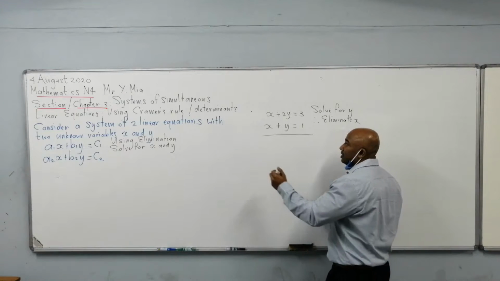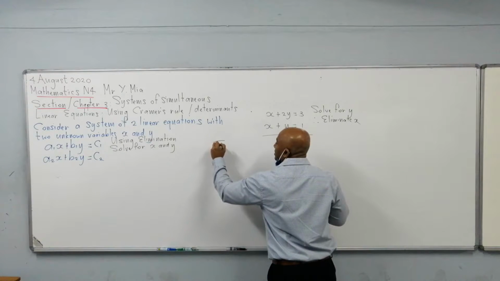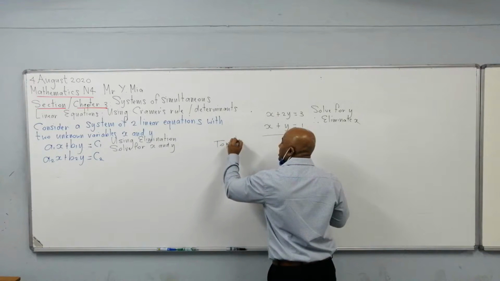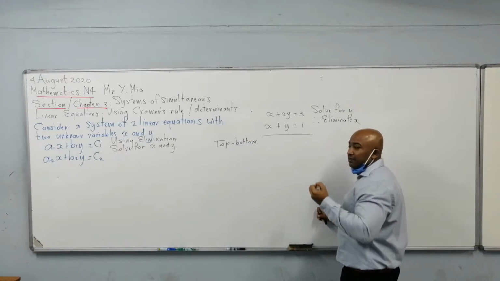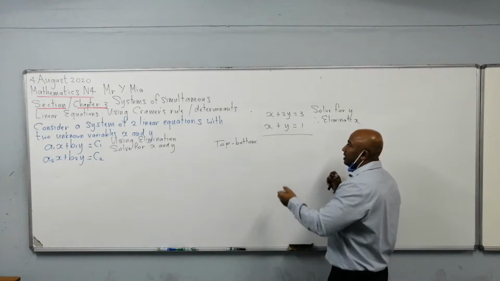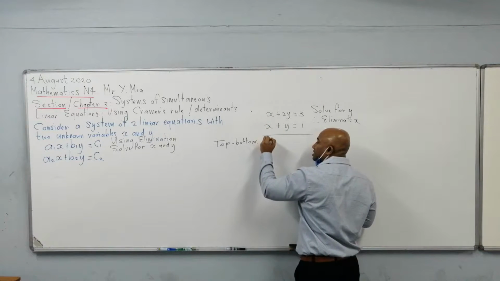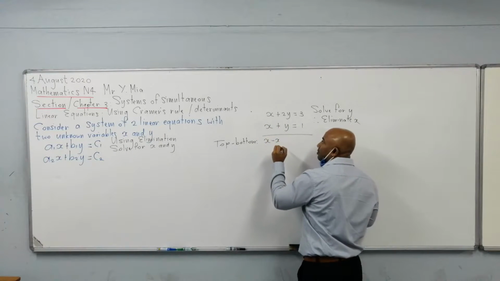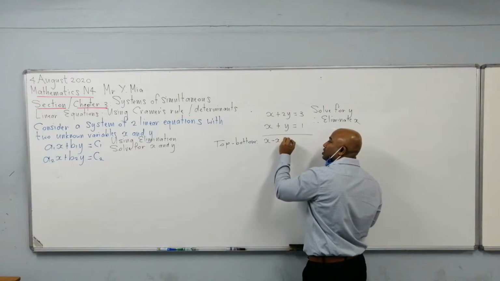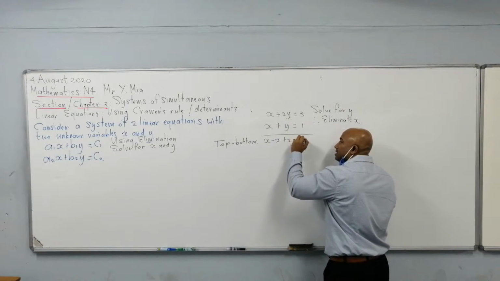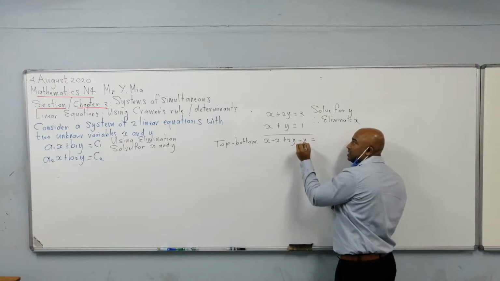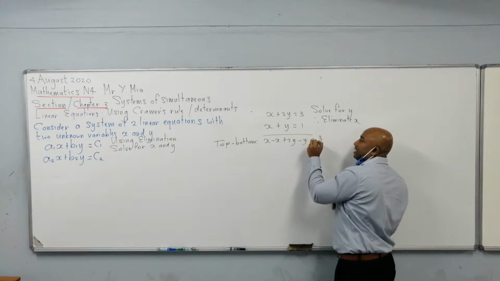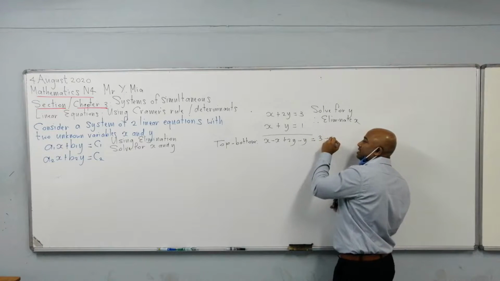So what I'm going to do now is I'm going to go top minus bottom. So I'm going top equation minus bottom equation. So my top is x, so I'm going to go x on the top minus x in the bottom. Then I got plus 2y on the top minus y in the bottom. I'm going top minus bottom equals to top we have 3 minus the bottom, which is 1.